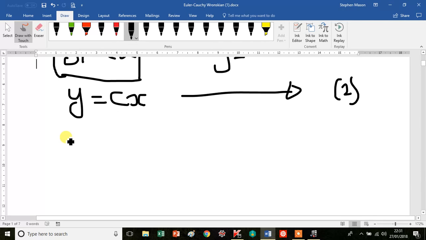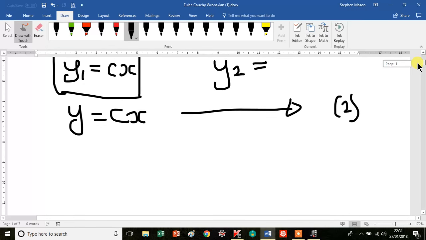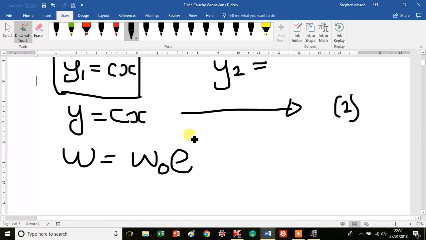The second one I'm going to use is a kind of determinant, a Wronskian determinant. But before we go on to finding the determinant of equation 1, I'm going to write it down here before we go into the next stage. We're actually going to use W equals W0 e to the minus integral of P dx.